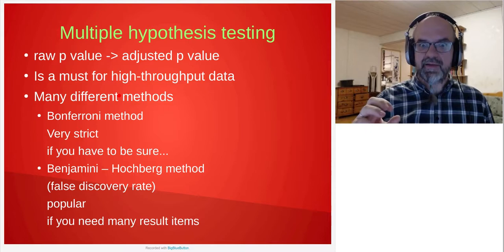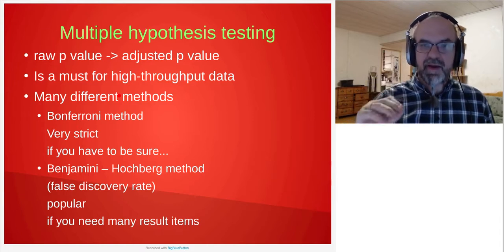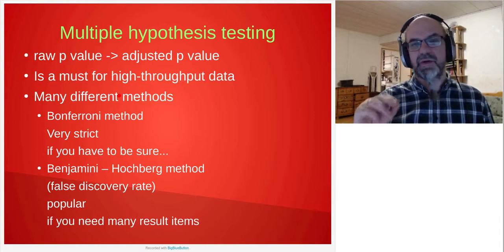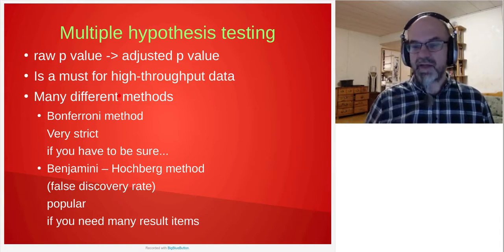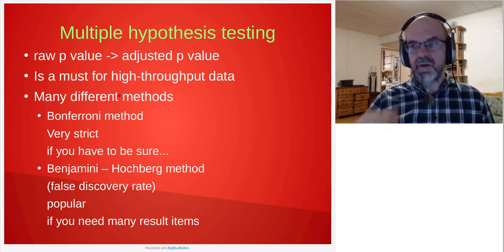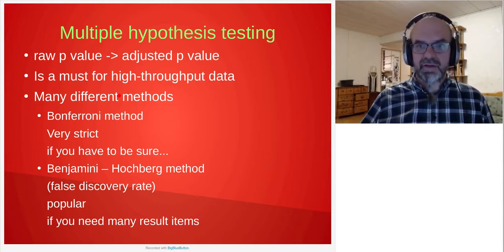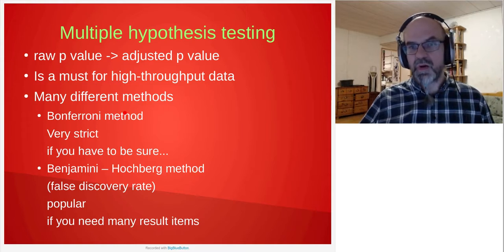But anyway, the point here is that you should use the Bonferroni method if life or death depends on your results. So in practice, it is only used in drug test kind of analysis, where a patient would die if the result would be wrong.